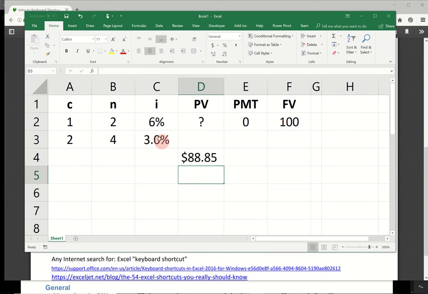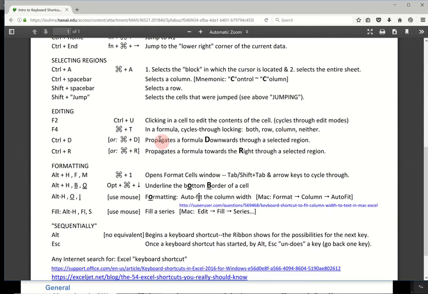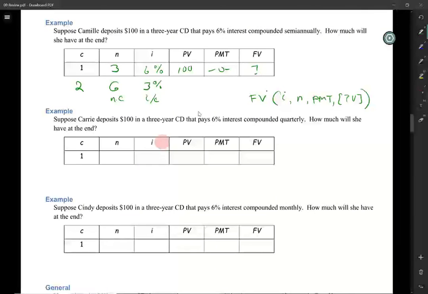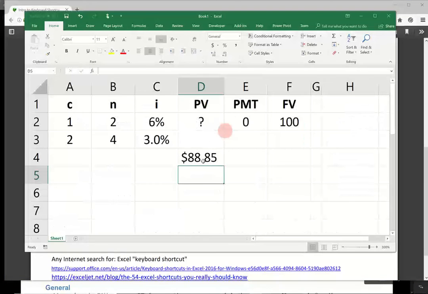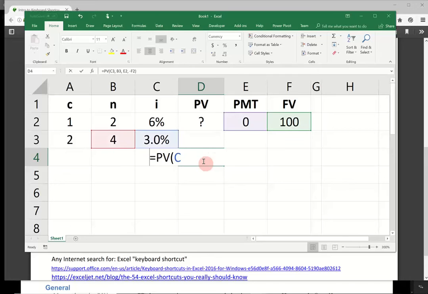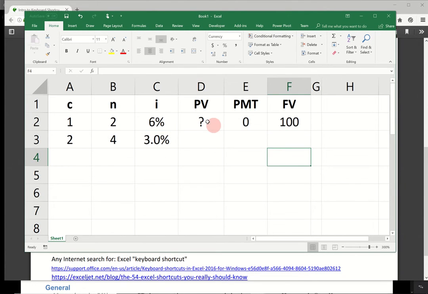Oh, but wait, we wanted to do. Sorry, this problem is a future value problem. Yeah, oops. So maybe yeah, that doesn't matter. Okay, but anyway. So we would want to. Oops, sorry. So we want $100 deposit, and then here in this case we want to calculate the future value.